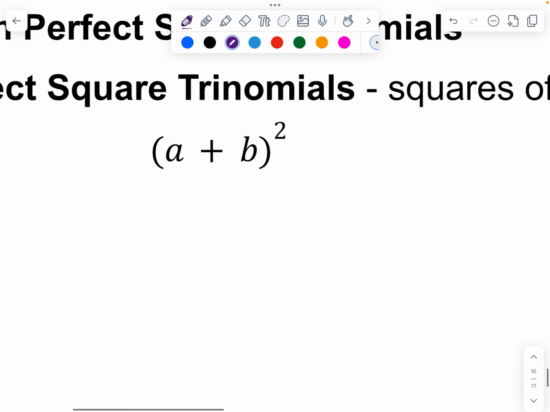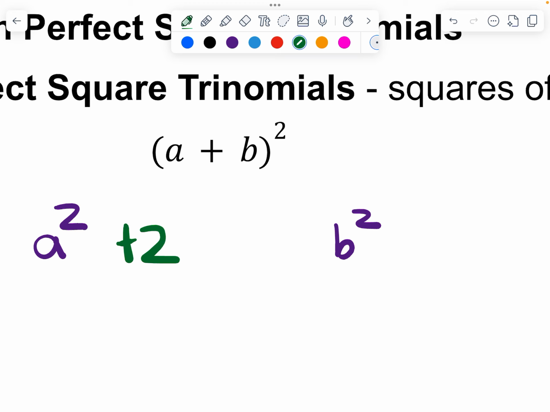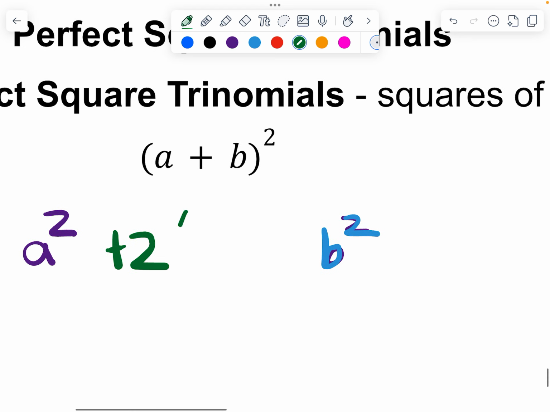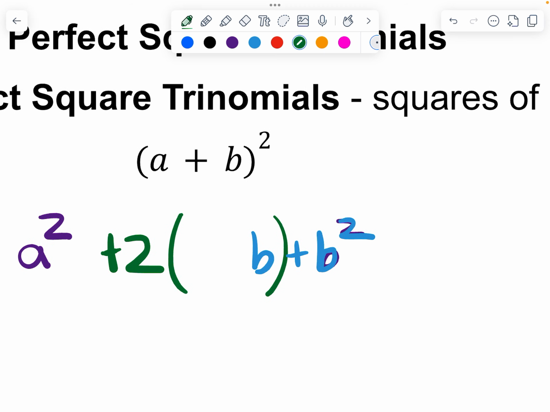So if I was to multiply this out, I get a squared, I get b squared. Then in the middle, I have plus 2ab.